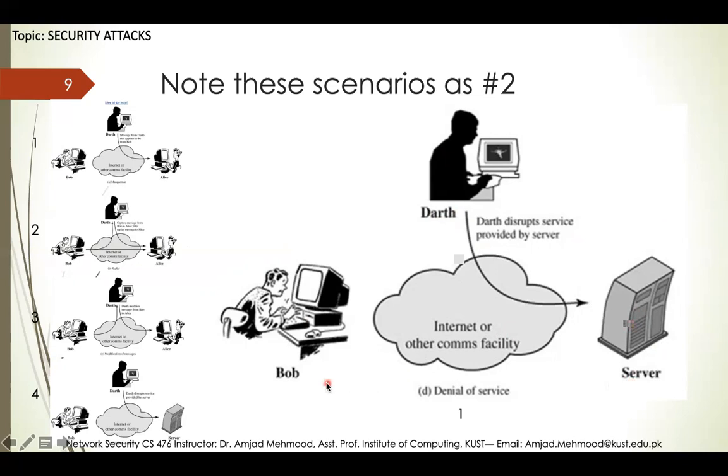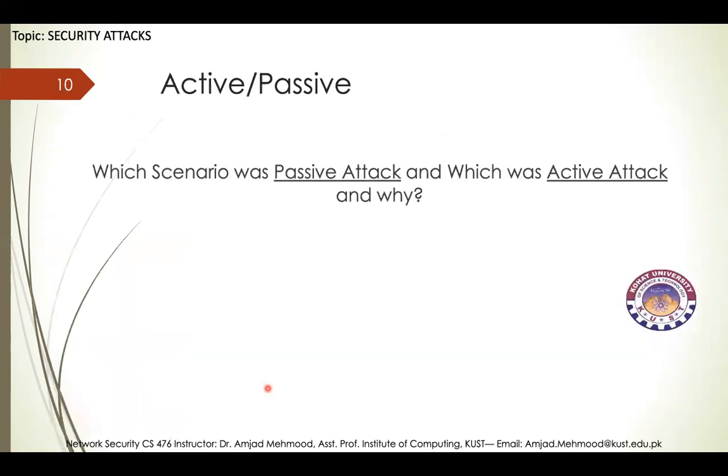So this server is not giving time to Bob, and Bob is deprived of the resources for which he was allowed. That's why this is called denial of service. Dart is keeping this server busy, and this server is not giving time to Bob. So this is how denial of service occurs.